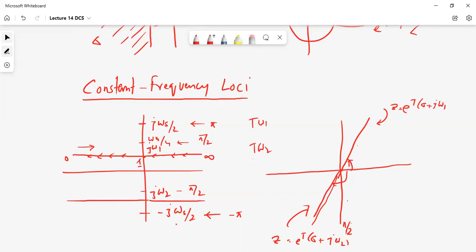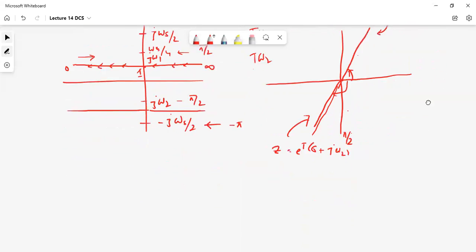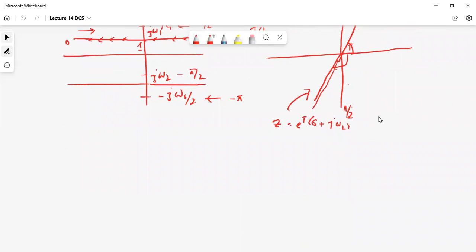Now, since we know the constant frequency line as well as the constant attenuation line, can we figure out what the scenario will be for this particular case? We are giving a zone in the s plane, and we have to figure out the corresponding zone in the z plane.